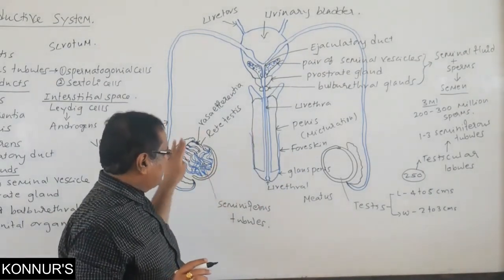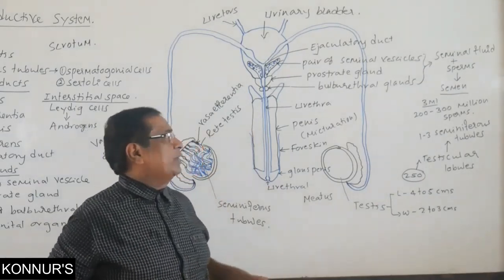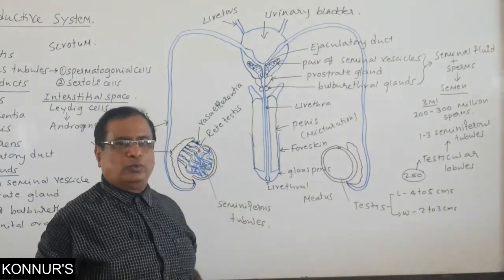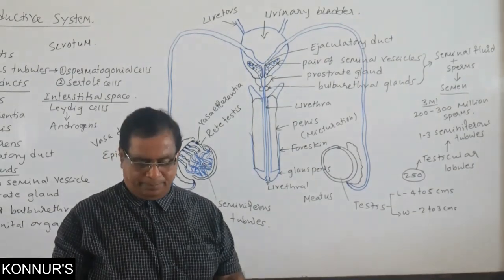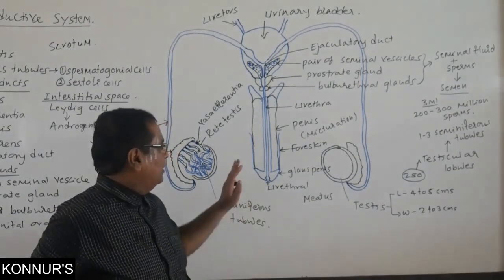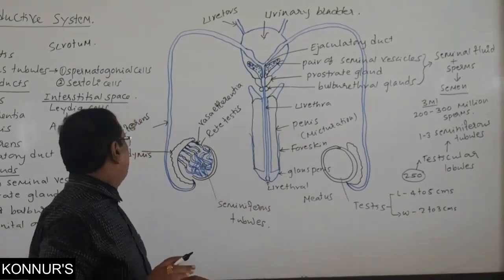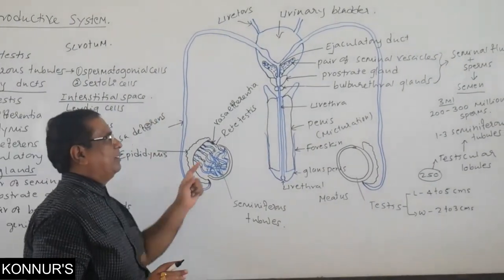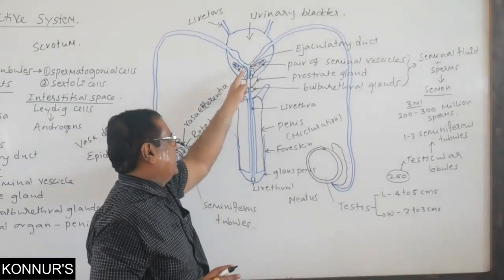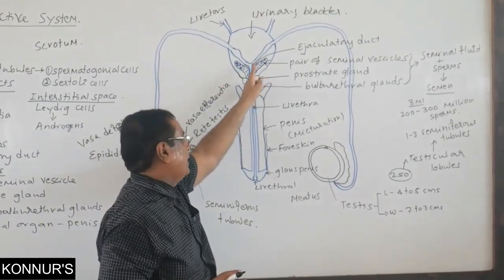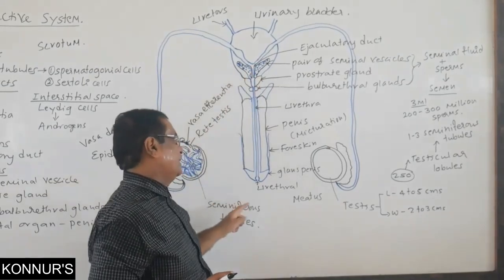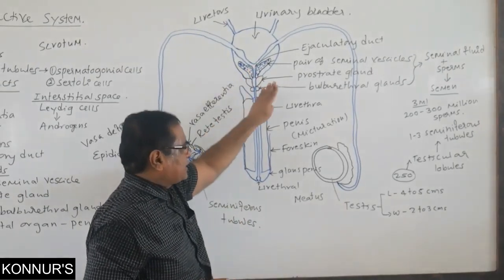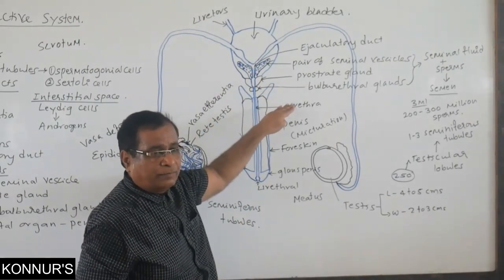This total information is concerned with the male reproductive system. When the two vasa deferens join and form the ejaculatory ducts, on either side there are 3 groups of sex glands.